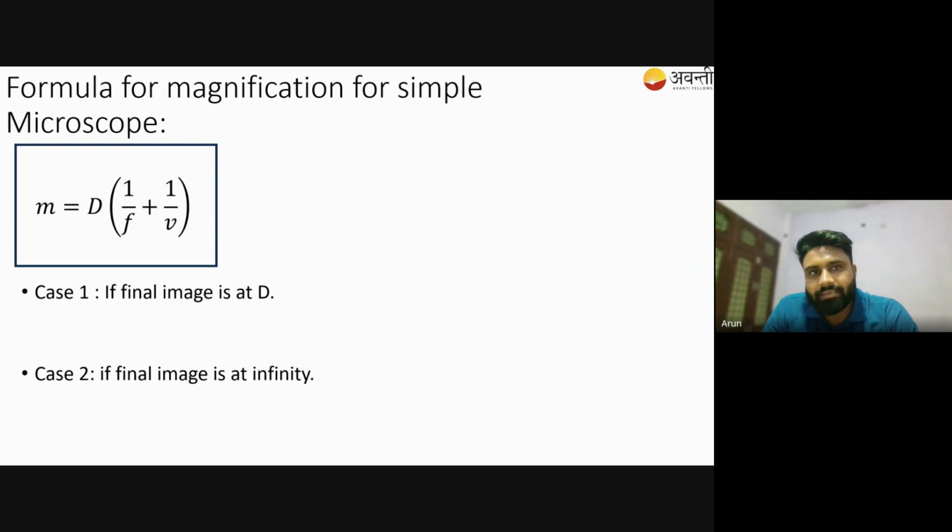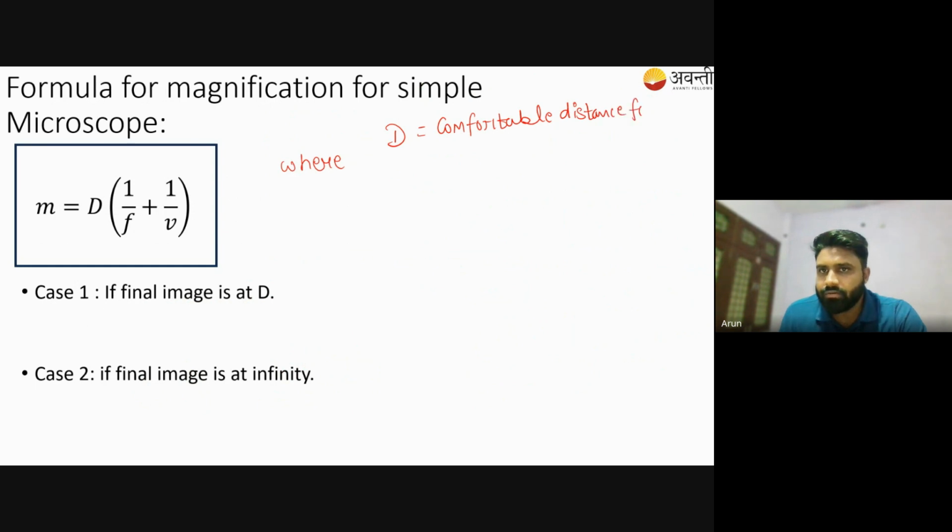So the formula for magnification for a simple microscope is M equals capital D into 1 upon F plus 1 upon V, where capital D is the comfortable distance for the eye, which is nearly equal to 25 centimeter.